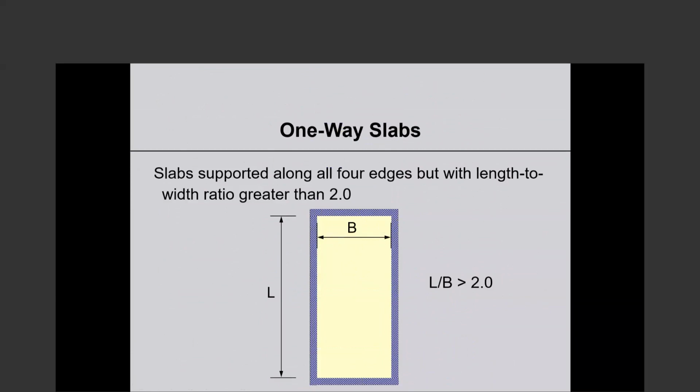A larger part of the load will be transmitted by bending in the short direction because that's the stiffer direction. A smaller amount of load will be transmitted by bending in the long direction. When I say transmitted, the loads would be taken from the slabs to the beams.